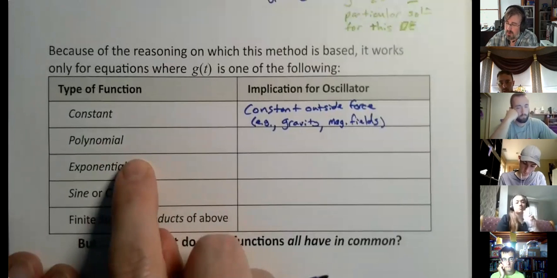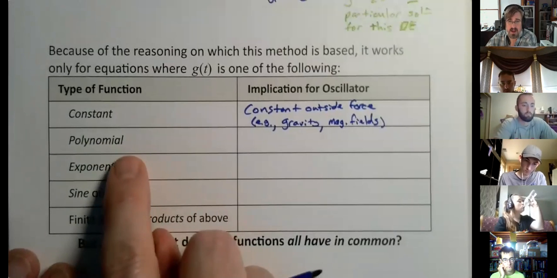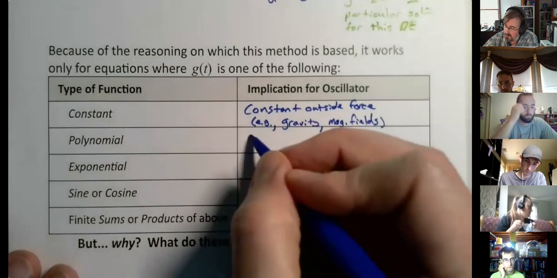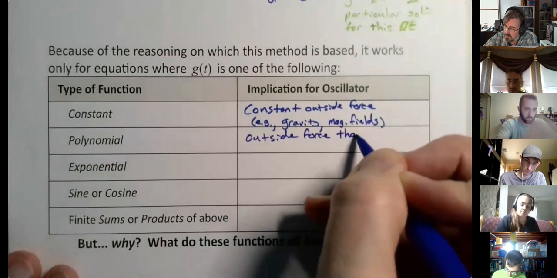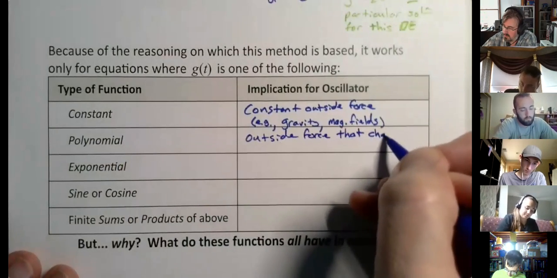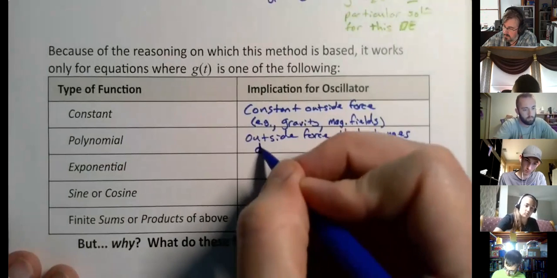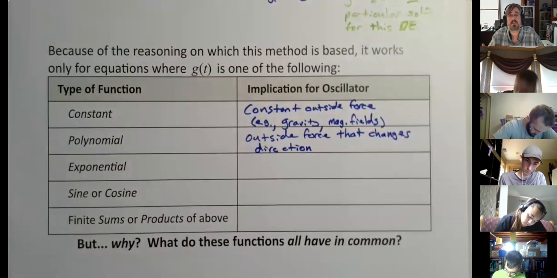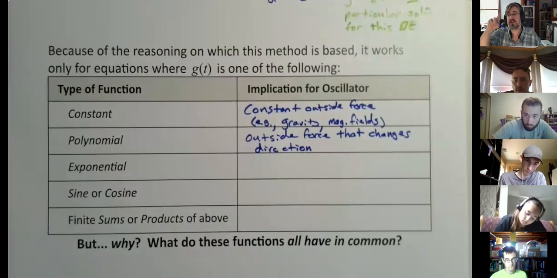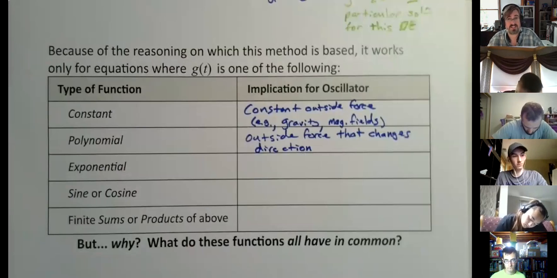Polynomial forces, well, the implication for an oscillator, if you have a polynomial force, it's an outside force that changes direction. Right? It has the ability to go from being a positive force to being a negative force, or from increasing to decreasing, right? So you can actually have a force that changes size and changes direction with a polynomial force.